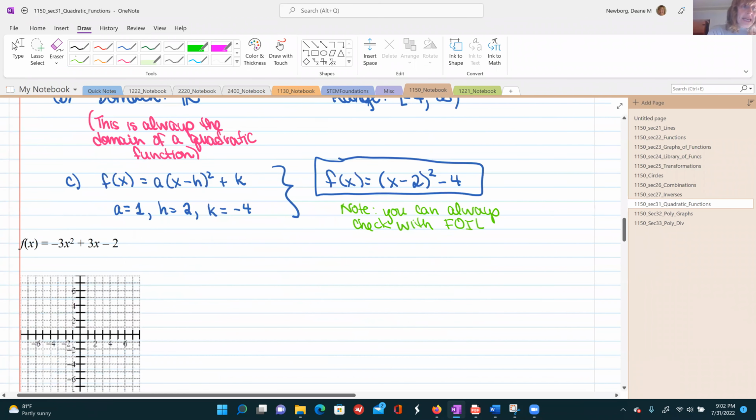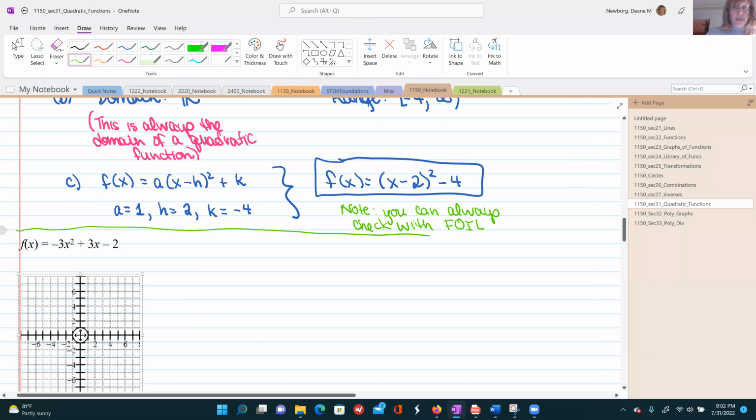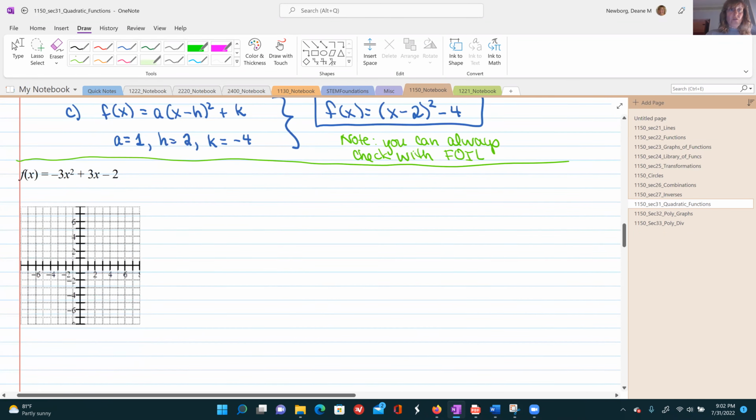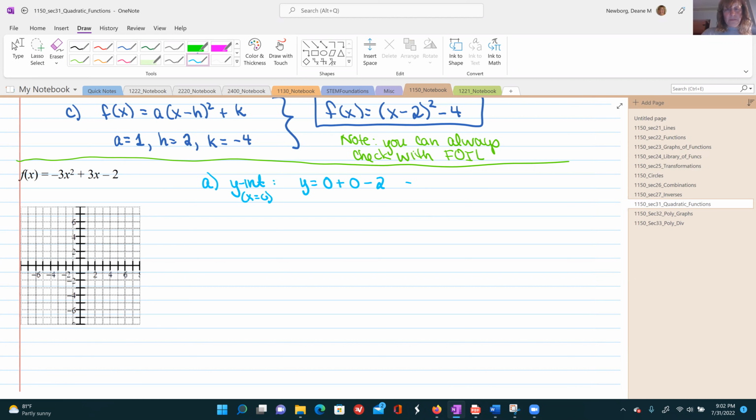Okay, same steps, but with this new function. So the first thing, though, is still find the intercepts. So I'll start with the y-intercept, which is just where we plug in x equals 0. So I get y equals, well, -3 times 0 squared is 0, plus 3 times 0 is 0, minus 2.